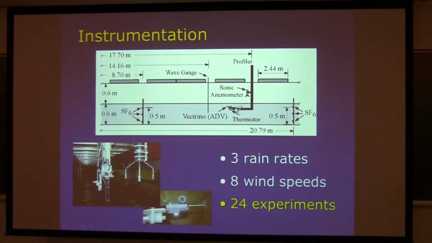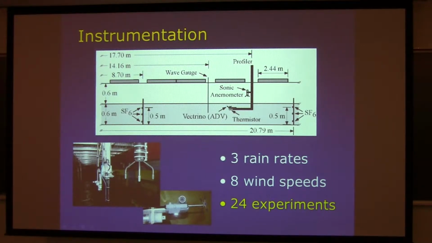And then on the water side of that profiler, we had a Vectrino ADV, which is a small scale ADV, to get profiled measurements of velocity and turbulence within the water column. We also had a wave gauge upwind of that to get wave measurements simultaneously.